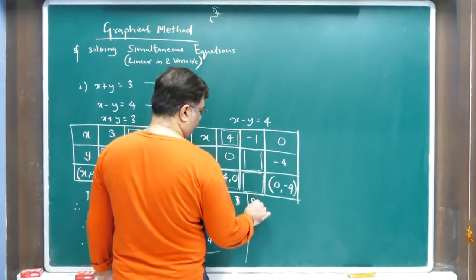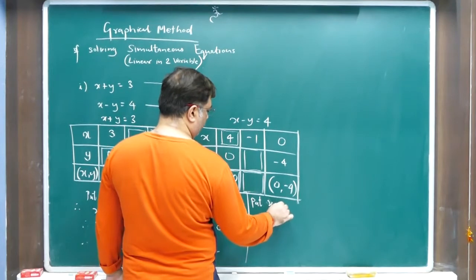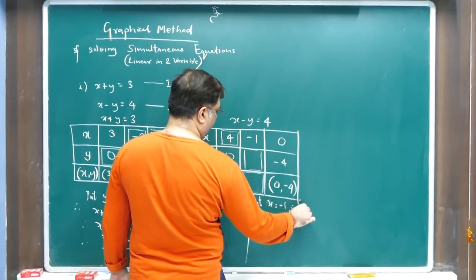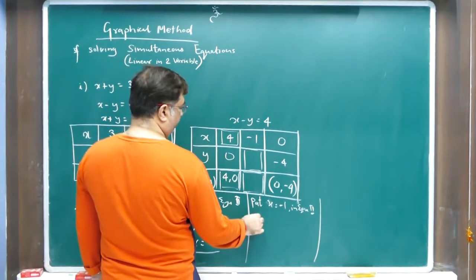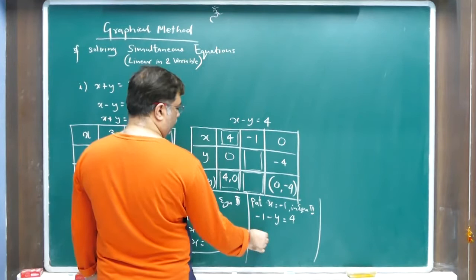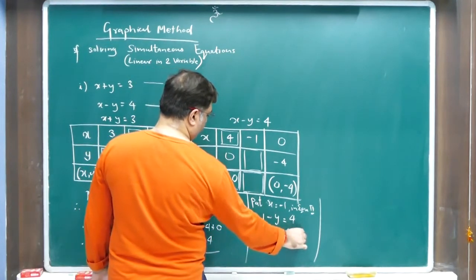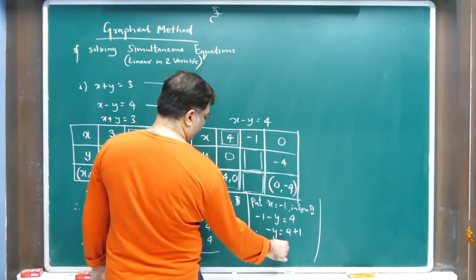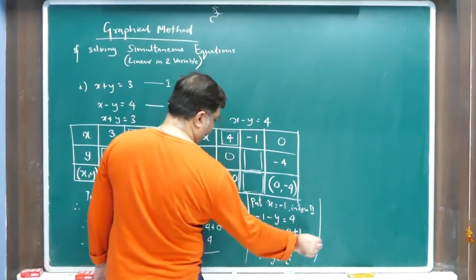Now here x is minus 1. So put x equal to minus 1 in equation 2. What will we get? We will get minus 1 minus y is equal to 4. So minus y is equal to 4 plus 1, so minus y is equal to 5, and so y is equal to minus 5.